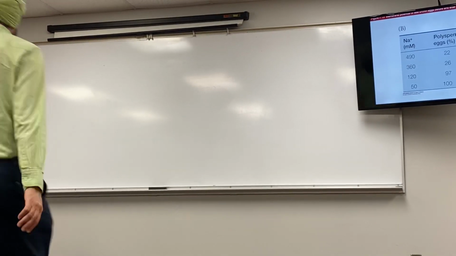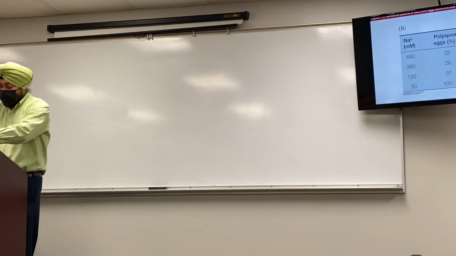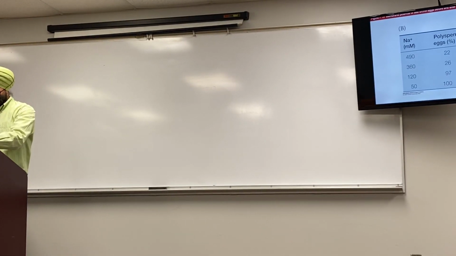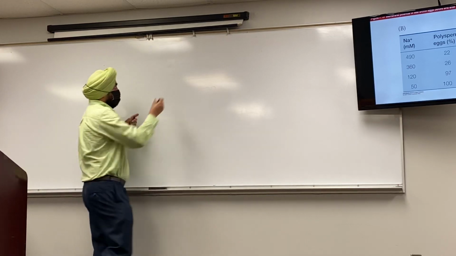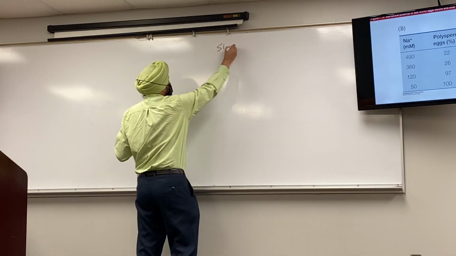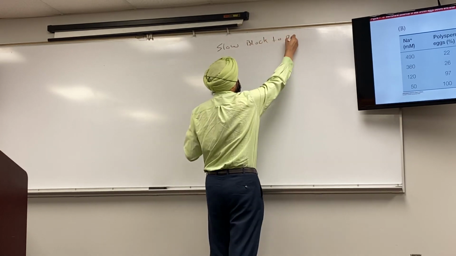Okay, so that was the fast block to polyspermy. And now we are talking about the slow block to polyspermy.